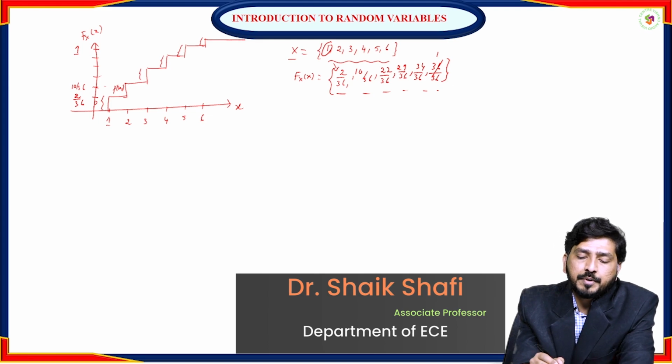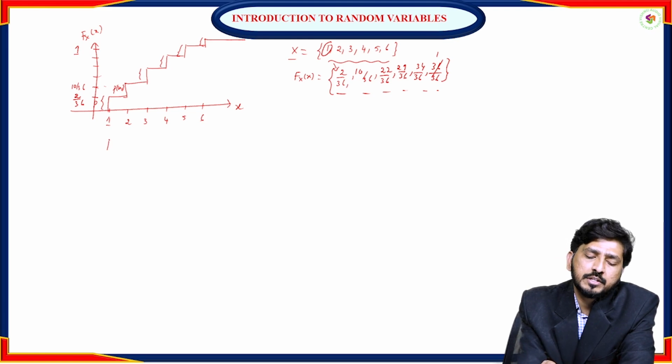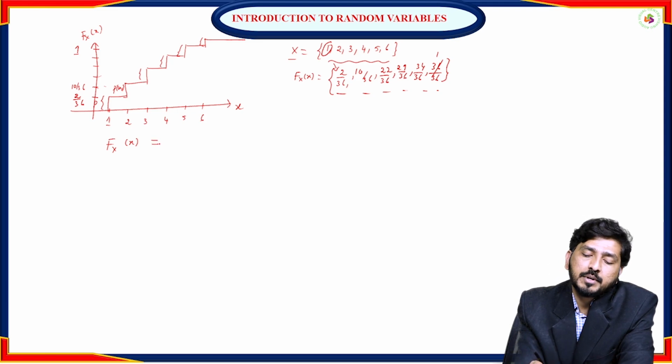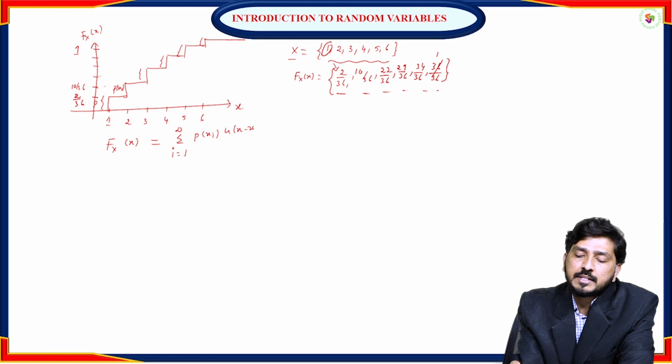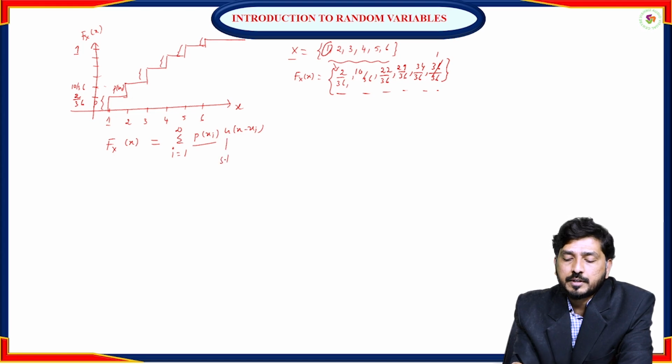For an extension to this question, sometimes in examinations somebody will ask what is the expression for Fx of x. Mathematically the expression of Fx of x is written as summation i equal to 1 to infinity, probability of xi times u of x minus xi, where probability of xi is the probability of the individual element of the random variable and u indicates the step function.